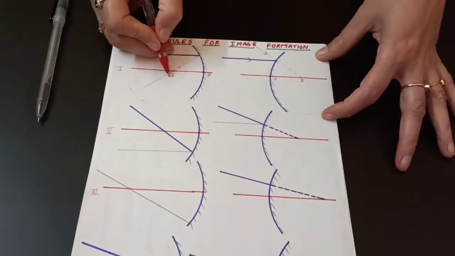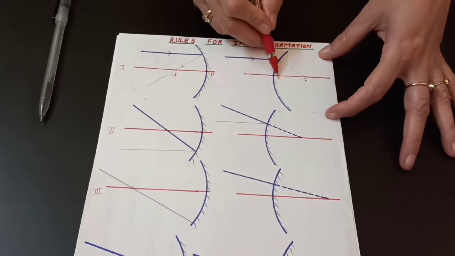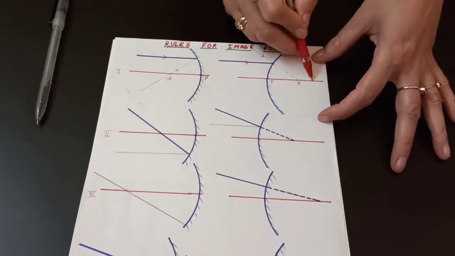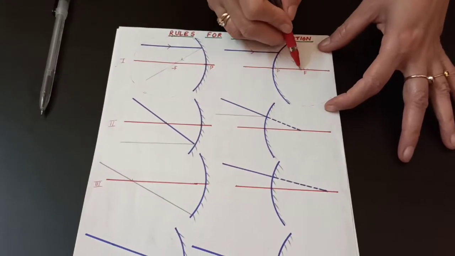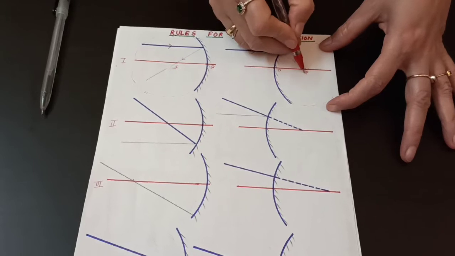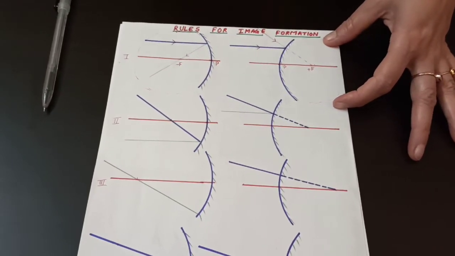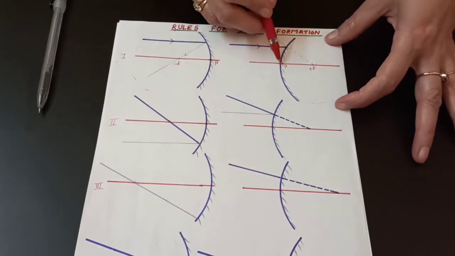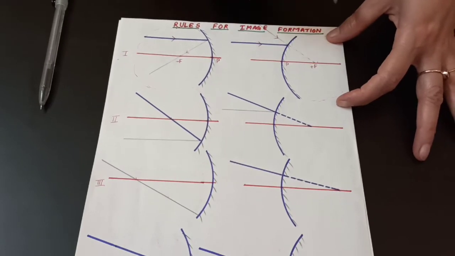In this case, because we again start from the pole of the mirror and it is on the right hand side, that is the direction of the incident ray, this distance will be taken as positive. Therefore, a concave mirror has a negative focal length while a convex mirror has a positive focal length.